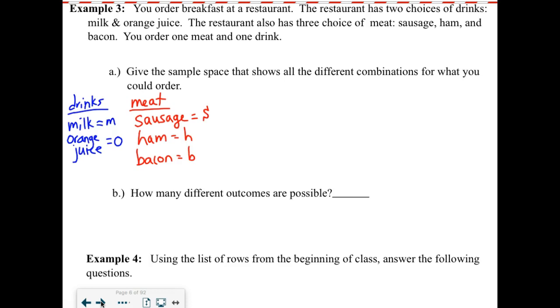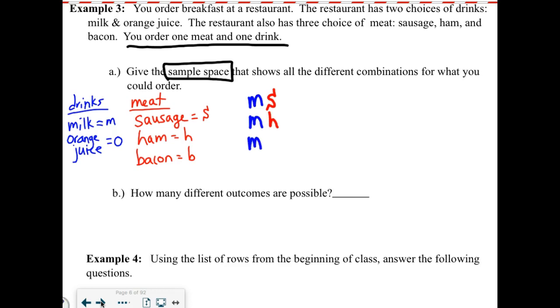Alright, here's my goal. It says, you order a drink and a meat. This has all the different combinations for what you could order. Alright, well, I can start with milk. I could choose milk for my drink, and I could pair it with ham for my meat choice.